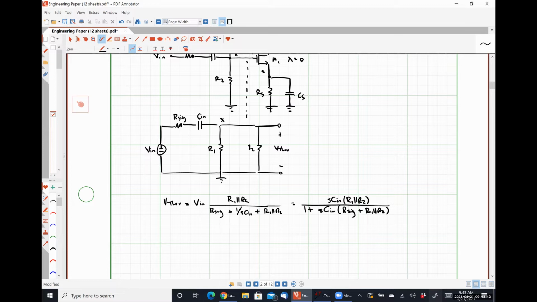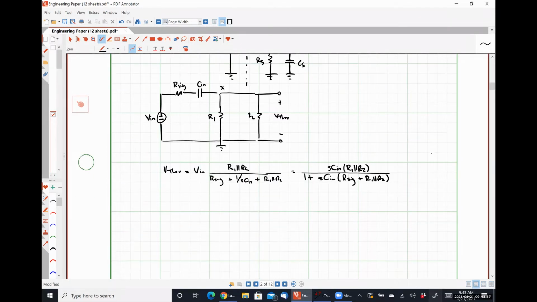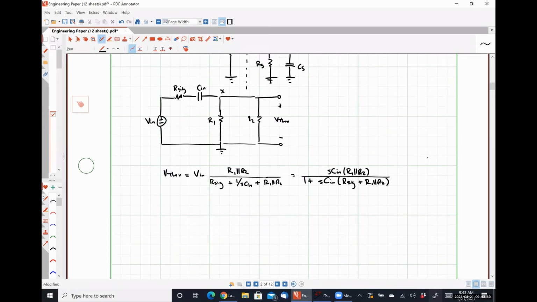I'm doing that multiplication by SCN now so that we'll see in a little bit when we develop the transfer function for the whole system. This is actually giving us a 0 and a pole. Let me put Vn just right up here. Sorry, skipping ahead in my head to where we have Vthev over Vn.